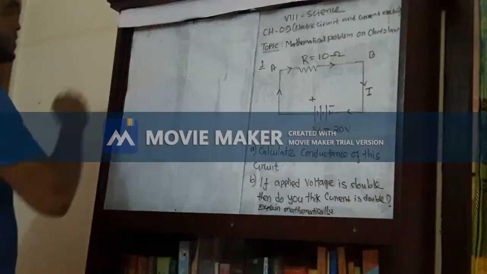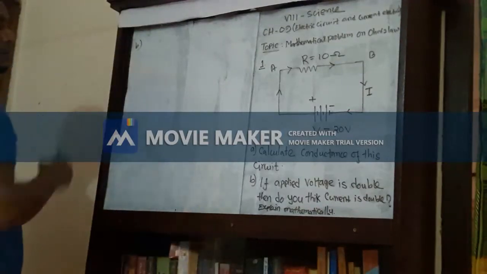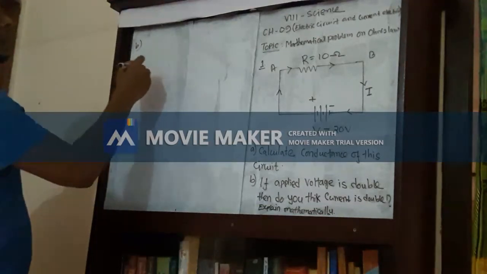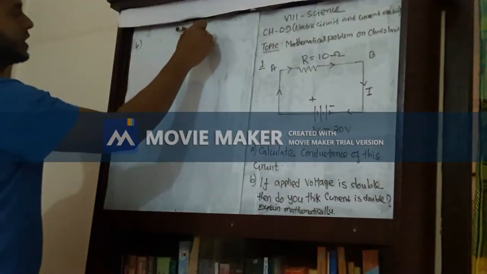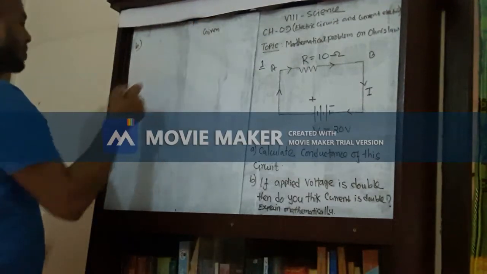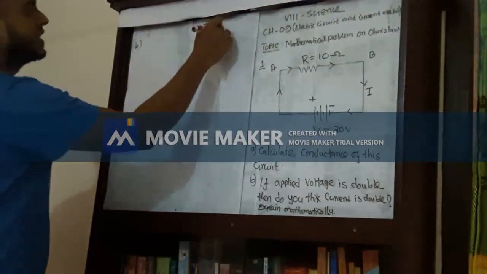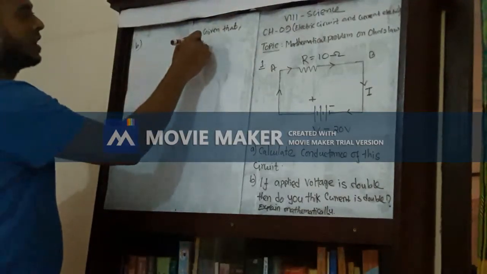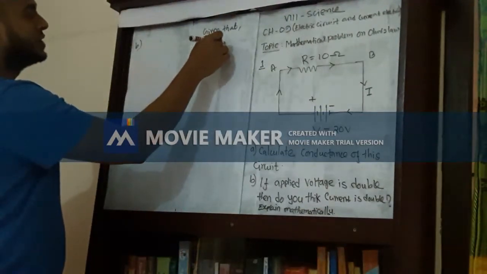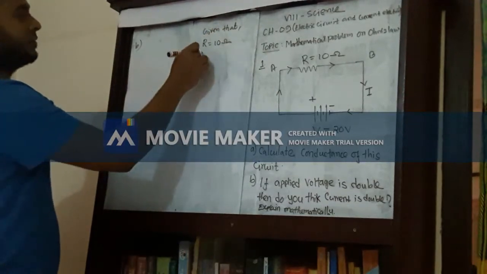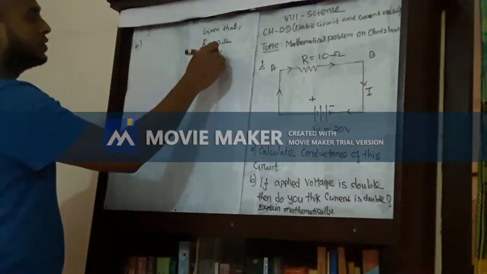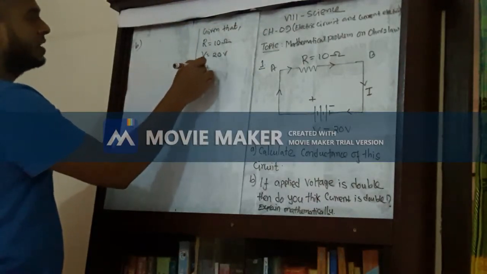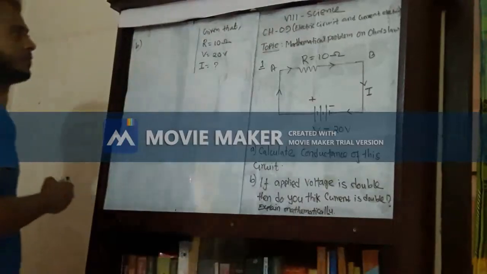Let's start question number B. So, given information: R equal to 10 ohm and V equal to 20 volt. And I want to know about electric current I, and that I equal to what?